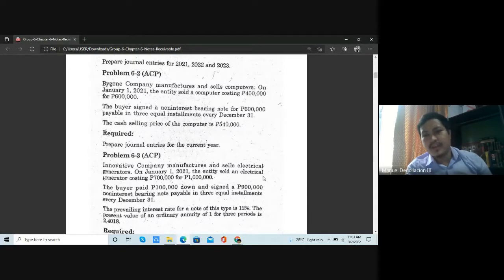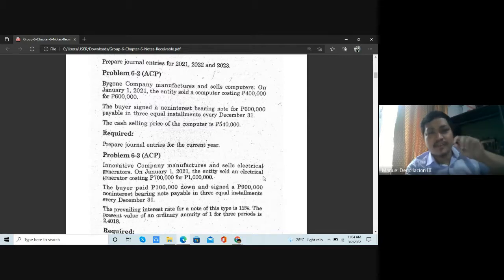And this is what I was referring to earlier. When we are dealing with non-interest bearing notes, class, there is now an imputed interest. There is already an interest that is presumed to be included in the face value of the promissory note. So that is why we will be recording an unearned interest income in the amount of 60,000.